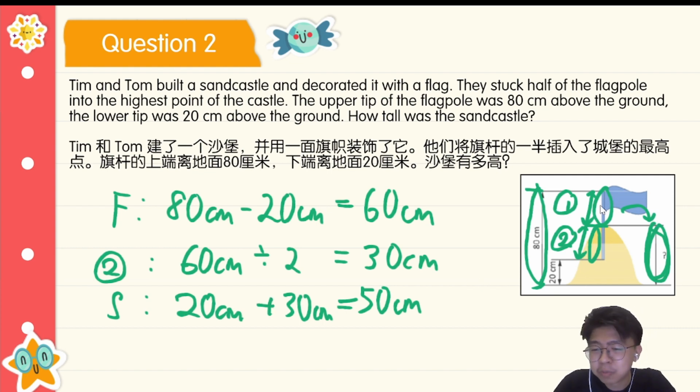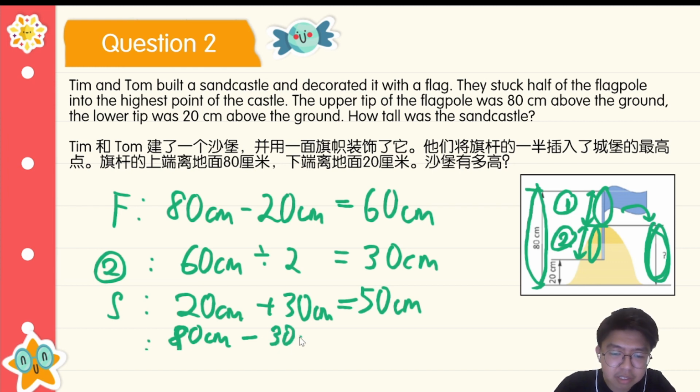So we also find out that part 1 here is actually the same as part 2, which is 30 cm again. So another method will be the 80 cm here minus 30 cm, and we'll get 50 cm, which is the same as the answer just now.